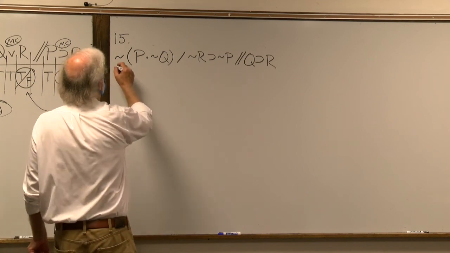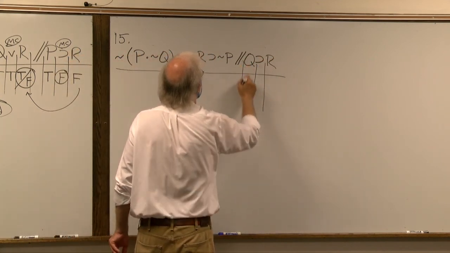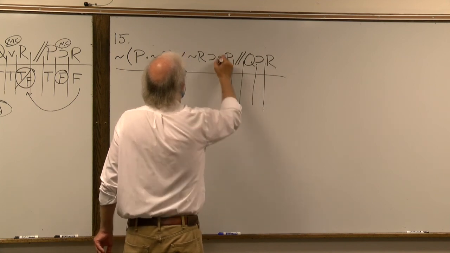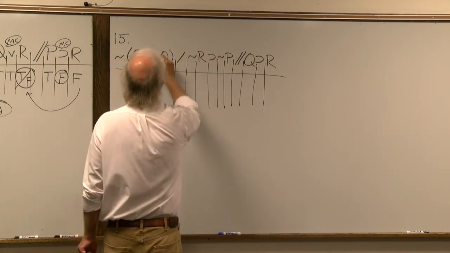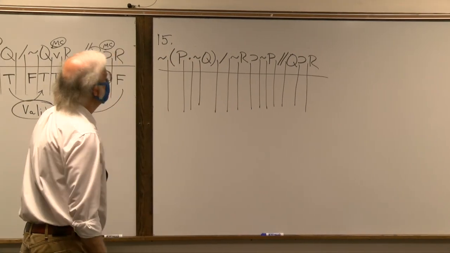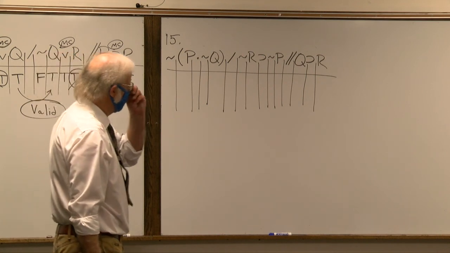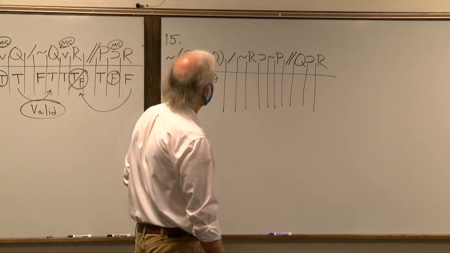Okay, this is going to require a lot more columns. But if you're looking ahead, I think you'll be pleasantly surprised or pleased. How many rows do we need? It's determined entirely by the nature of the conclusion.